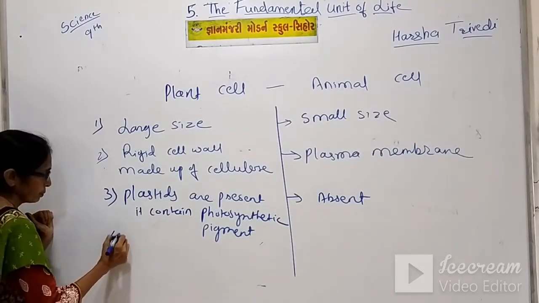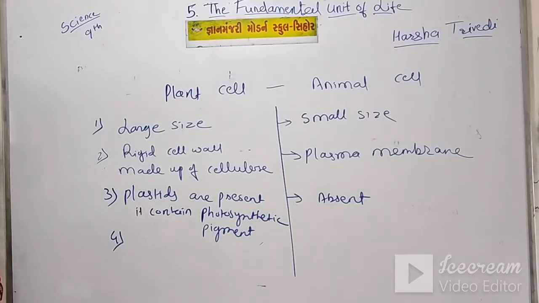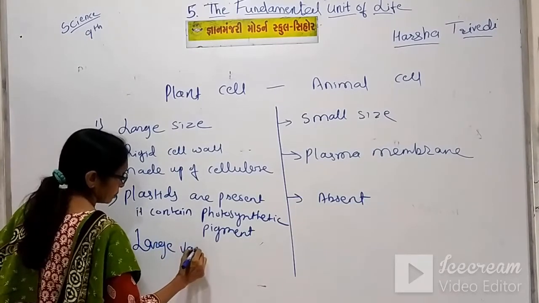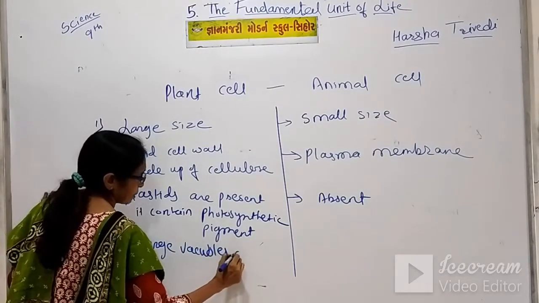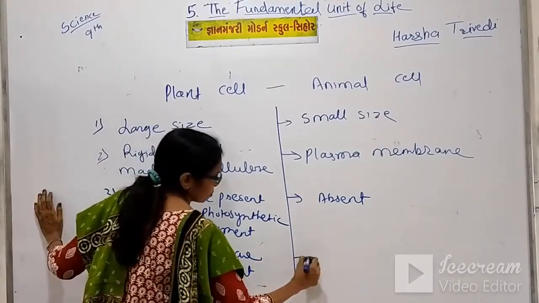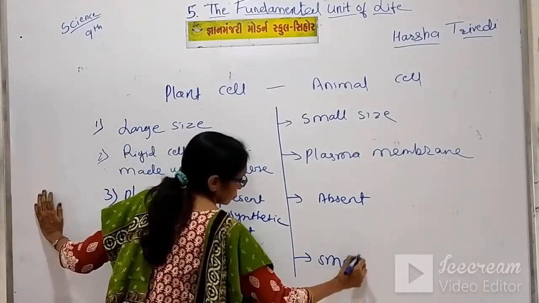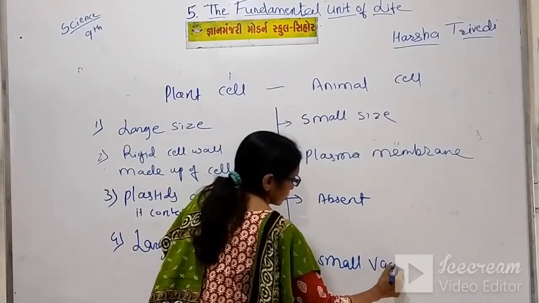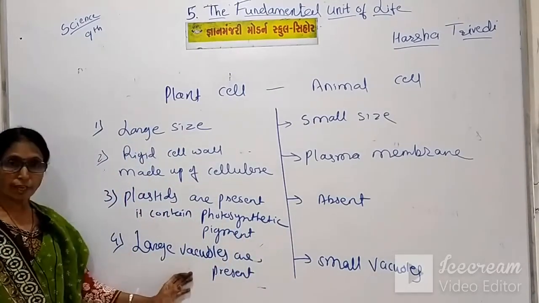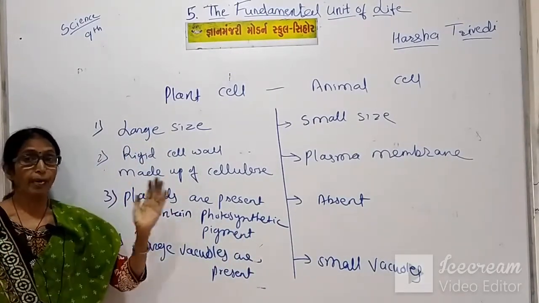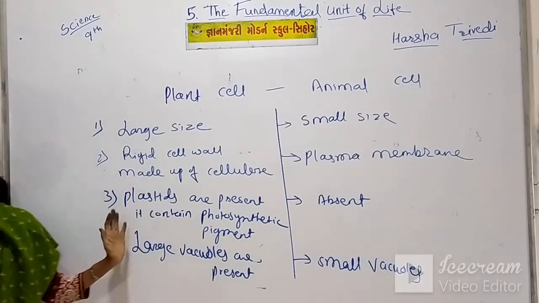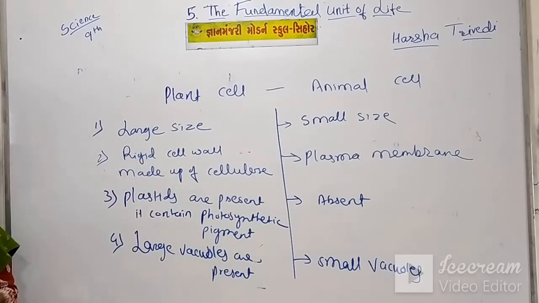Now our next point, large vacuoles are present, and here small vacuoles. Large vacuoles, the central vacuole occupies 50 to 90% of the space, the volume of the cell. So large vacuole, small vacuole.